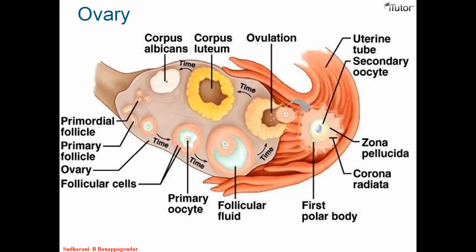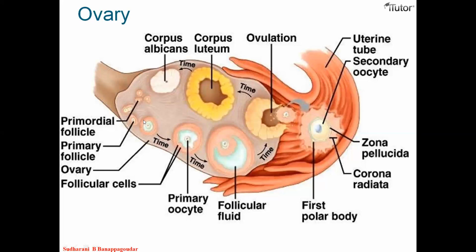At birth, the number will be 2 million, and at puberty, they will become 4 lakh, of which only 400 oocytes will mature, and at menopause, they will be less than 10,000. So this is our primordial follicles.